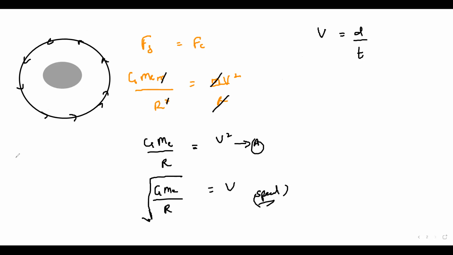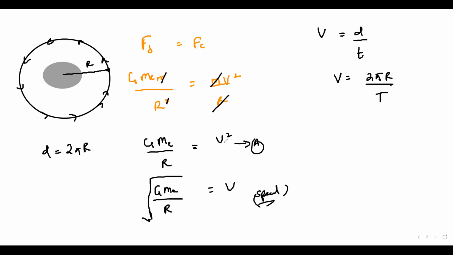In a circular path, what is the distance traveled? The distance traveled is equal to the circumference, which is 2 pi r. And the time it takes to complete one rotation is called the time period. So we can say the speed is equal to 2 pi r divided by T.